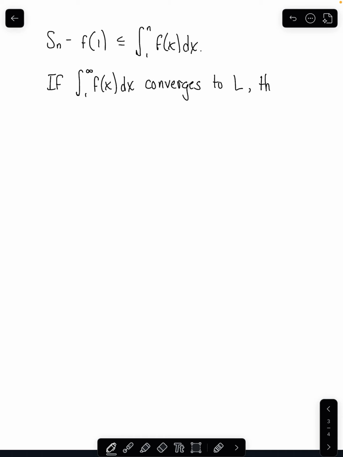And in that case, we can then say that s sub n minus f of 1 is less than or equal to L. Certainly, if the finite region from 1 to n is bigger than this, then the infinite region is also bigger than s sub n minus f of 1.